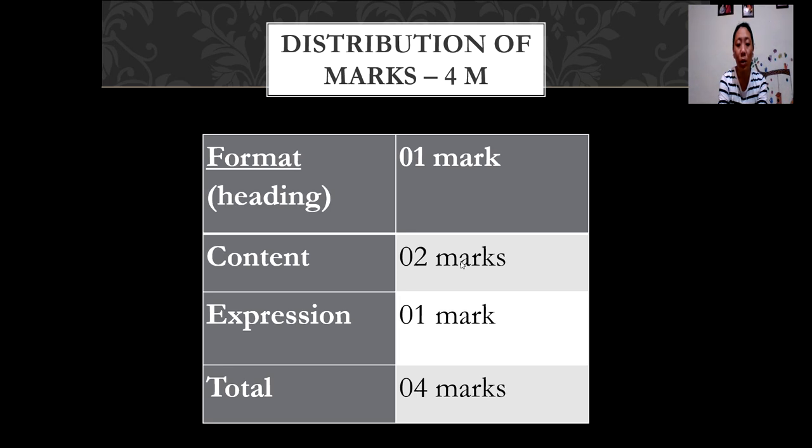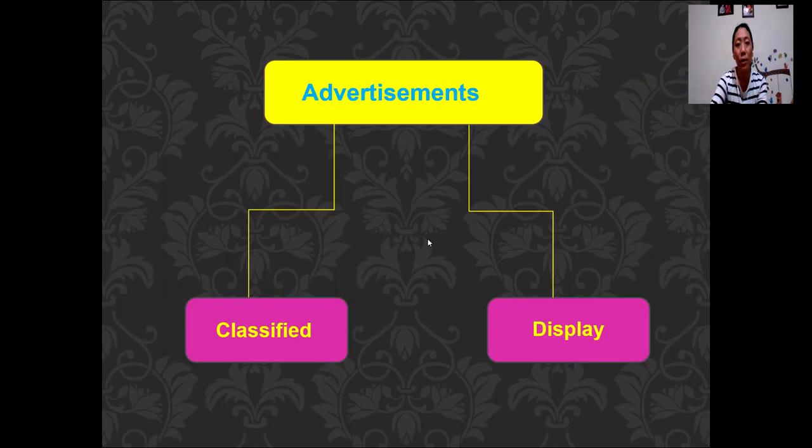Content includes what are the necessary details that you are giving out, right? The appropriate use of expressions or the words, and then comes the expression which carries 1 mark. So how fluent you are using the expression, language accuracy, so that totals up to 4 marks.